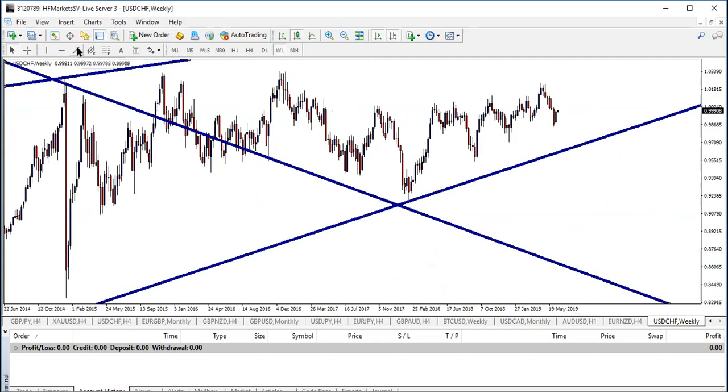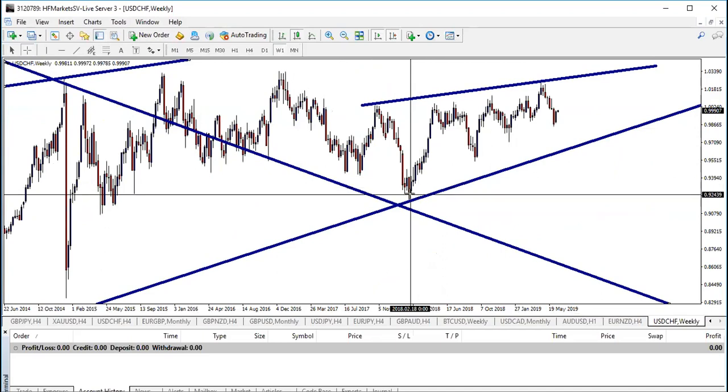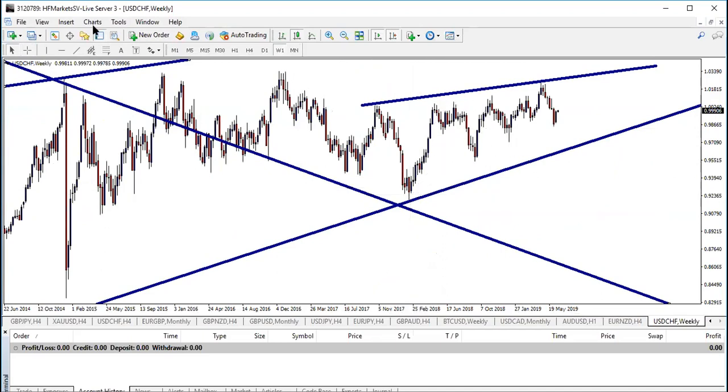So for a short term, let me draw this. We began having other sets of highs here, right? And then price did this from this lowest point, got here, got reversed. So let me do this again.